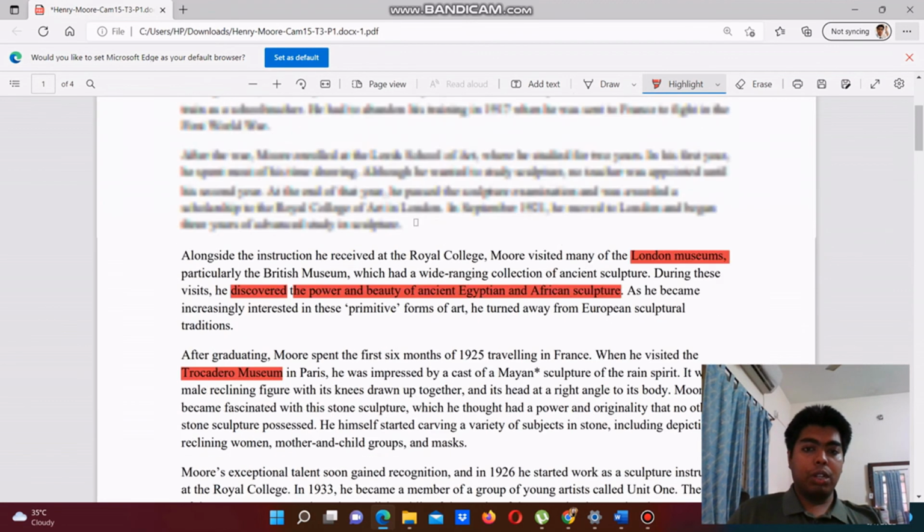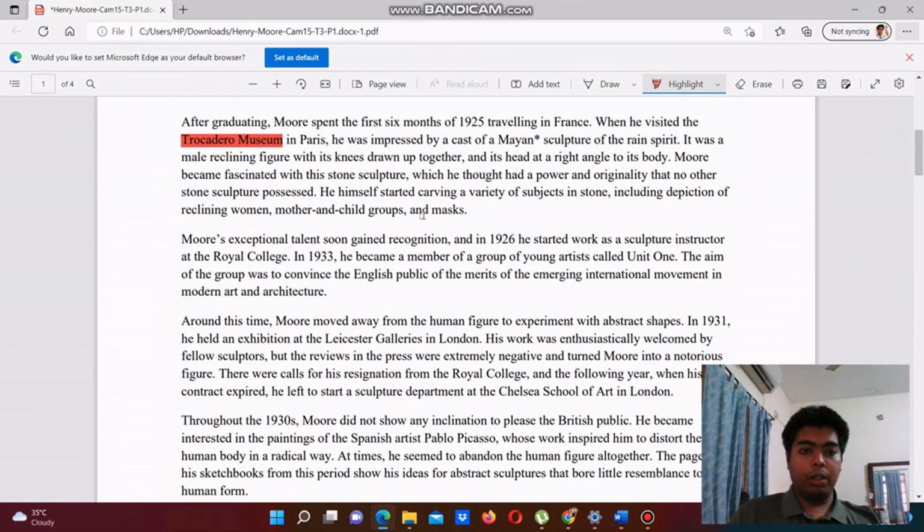So we can continue our reading. In Paris, Mayan sculpture, it was mainly researching whether there is any comparison. Moore became fascinated with the stone sculpture which he thought had a powerful originality, that no other stone sculpture possessed.